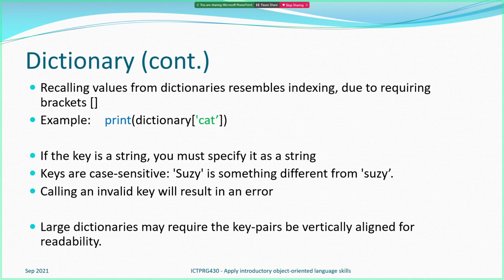We tell it we're going to pull a dictionary, so the dictionary name, and then using the square brackets, we quote the key inside the square brackets. So this is equivalent to indexing in a list, except these are names. So it's going to just look for the name in the key pair and then bring out the value.